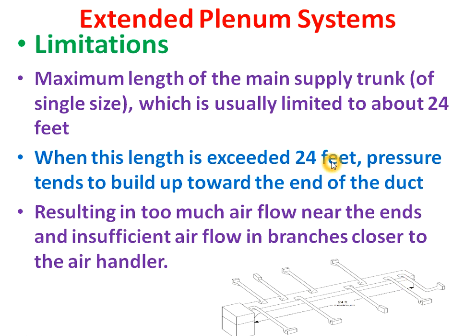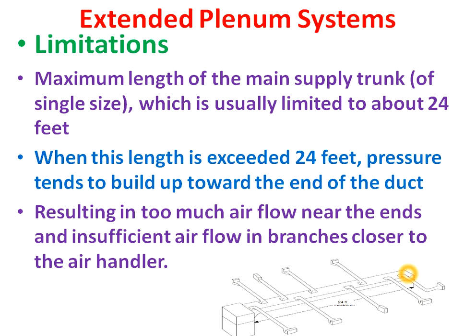There is a pressure generation at the end of this duct, and due to this, there is less pressure in the branch outs which are closer to the AHU. So in these branch outs we will not get proper CFM due to high pressure at the end portion. This is the major drawback of this extended plenum system.